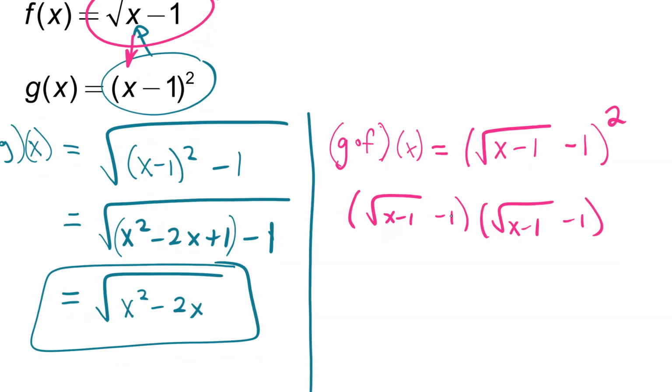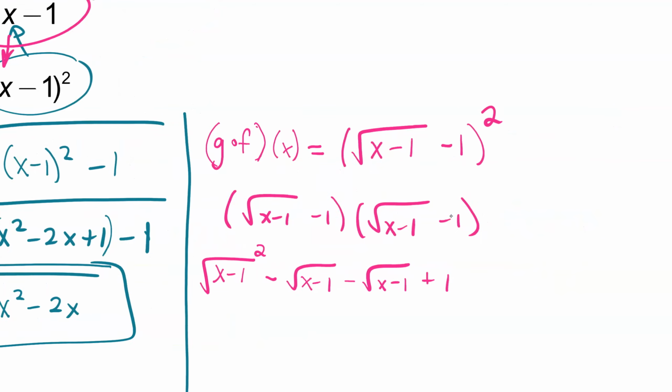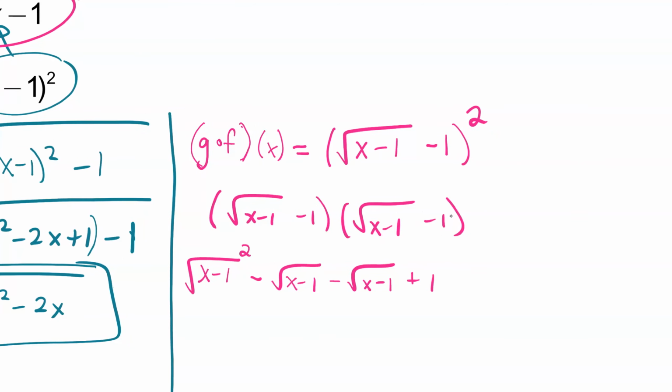So let's go ahead and FOIL. First, I'm going to have root (x minus 1) squared, because you're multiplying it by the same thing, minus root (x minus 1) minus root (x minus 1) plus 1. So I FOILed, and so the square and the square root cancel out.